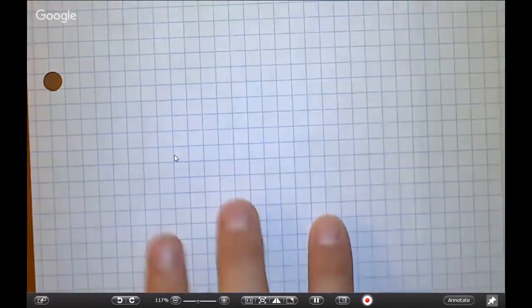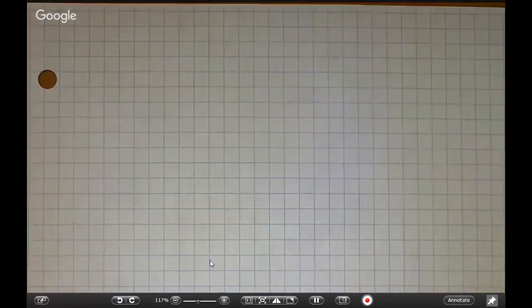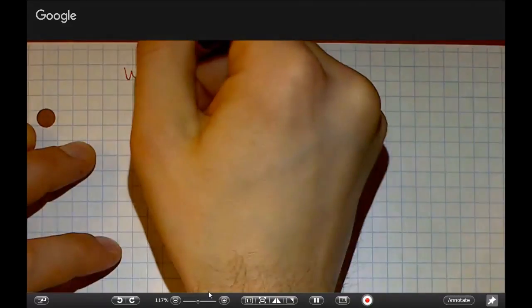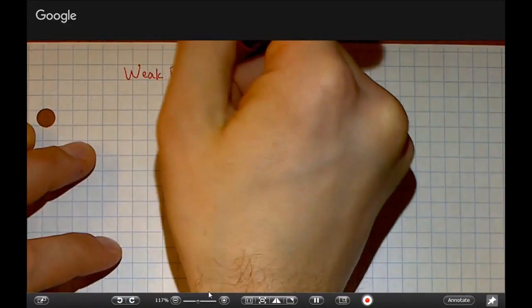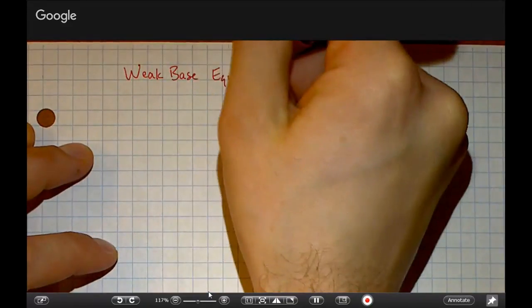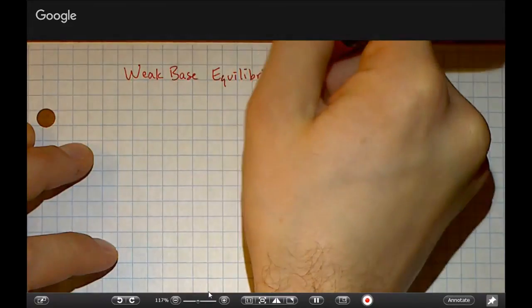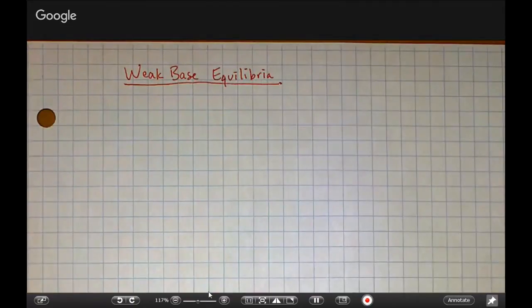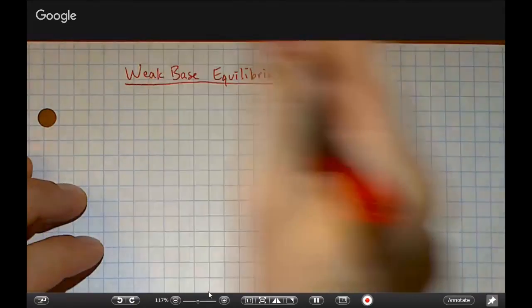Okay, so let's look at an example here. So for weak base equilibria, equilibria is the plural of equilibrium. The problem is as follows.